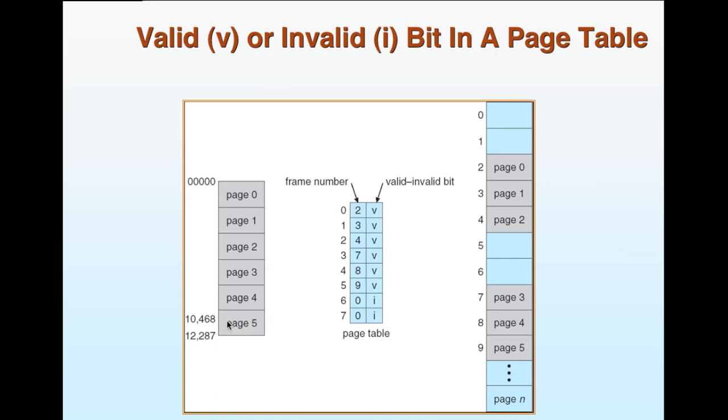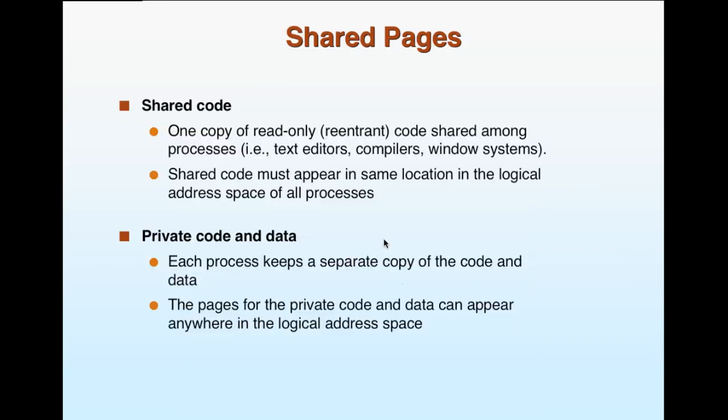So we have our pages, and our page table associates each one of the pages with a valid or invalid bit. It tells us whether we've had a hit or a miss. Valid is going to be a hit, invalid is going to be a miss. And we're going to go, oh, that's invalid, can't load that. And then it's going to give us that page fault that tells us to go out and load it, essentially.